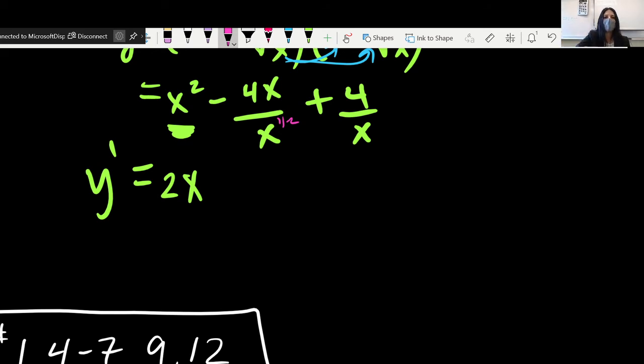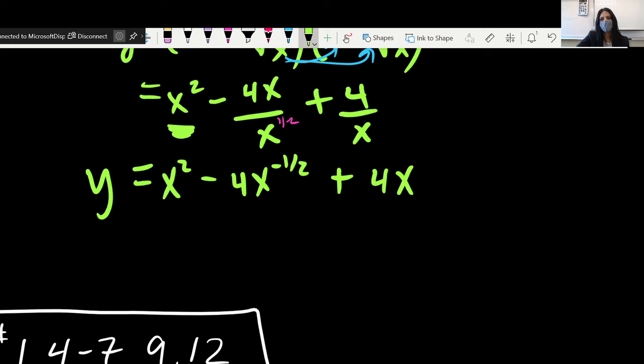What is it the same thing as? Yeah, I'm sorry, you guys. I'm going to rewind this a little bit. 4x to the negative a half. So we won't take the derivative yet because it's probably helpful for us to do this stuff first. And then plus, if we have 4 over x, it's probably easier if I rewrite it this way.